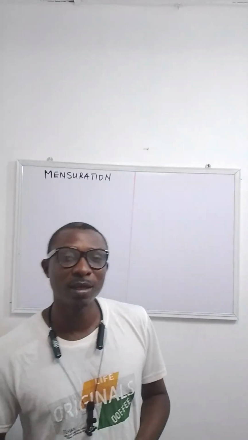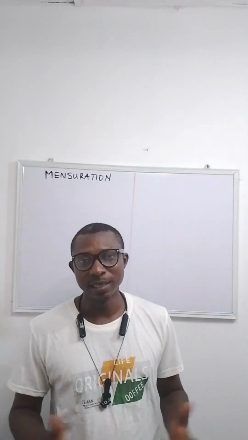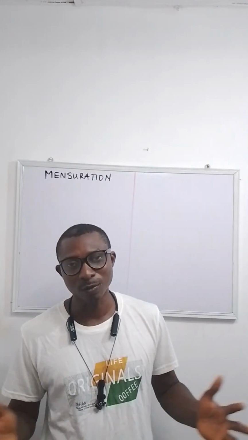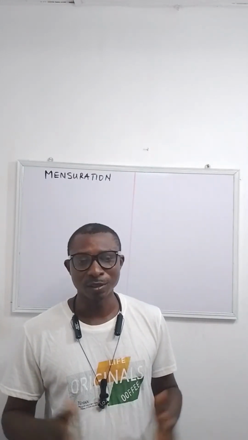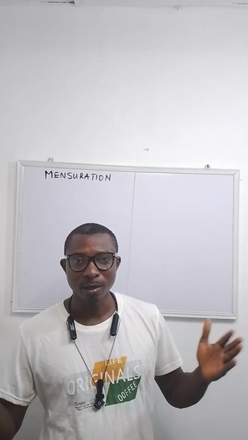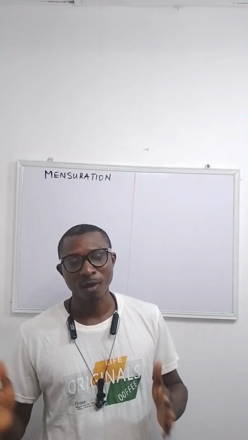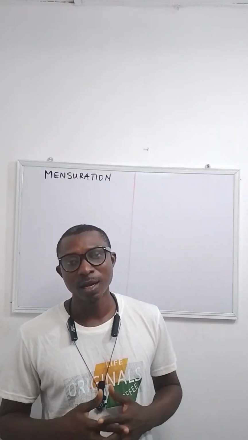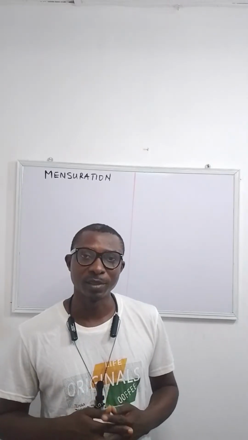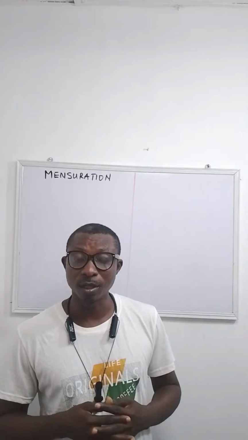So now we are starting with mensuration. We have to start with a definition. What do we call mensuration? Mensuration is just an aspect of mathematics where we take measurements and calculate areas, volume, and perimeter of geometrical shapes.